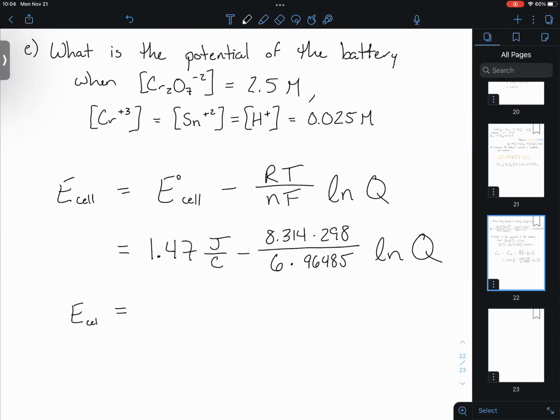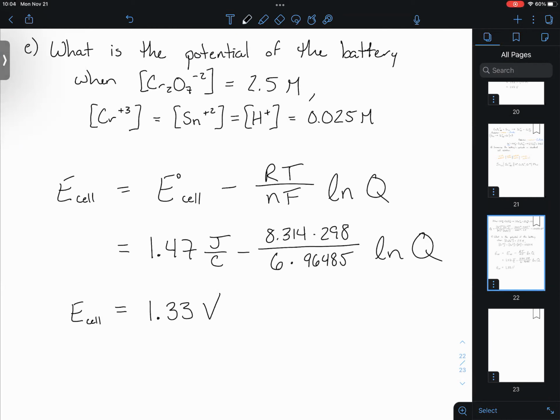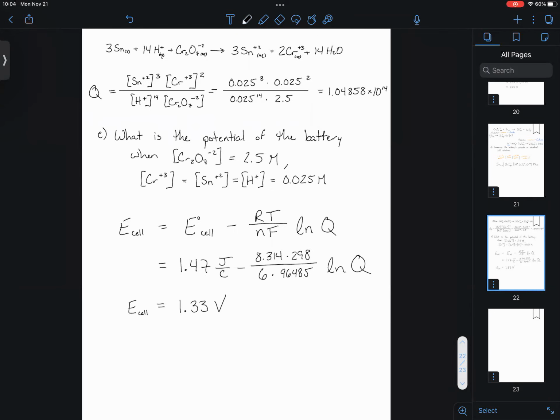And what we get is that our potential for this cell is now decreased to 1.33 volts, or joules per coulomb. All right, and so that's how we use that Nernst equation. Again, the big deal is that we can then put in our value for Q, which is for any conditions. So we just find that expression for our equilibrium constant and plug in all of our values for the concentrations. Those have to be given to you. Again, I left out that one at first. I apologize.